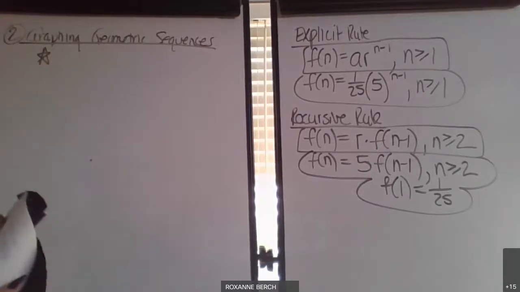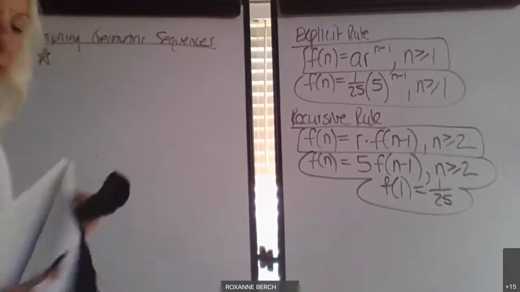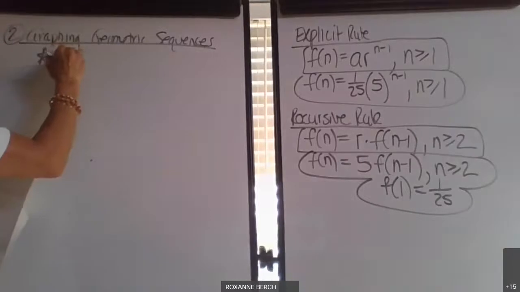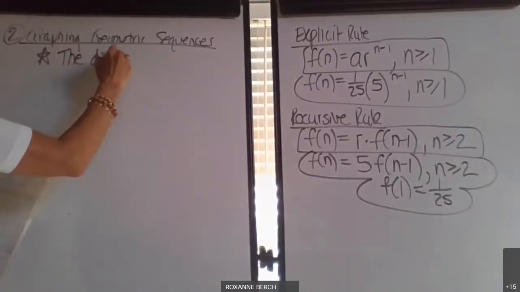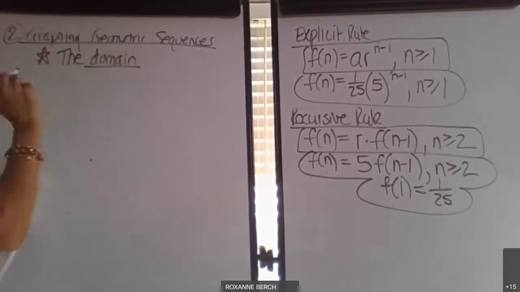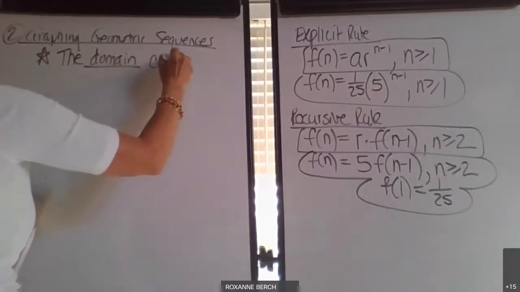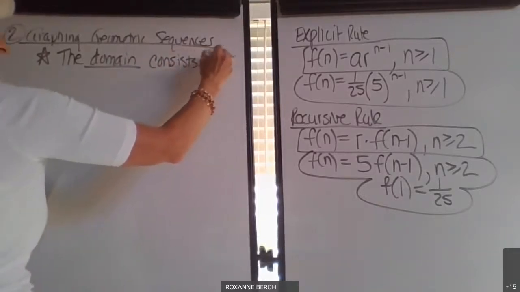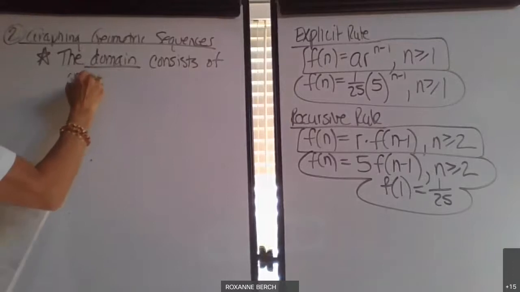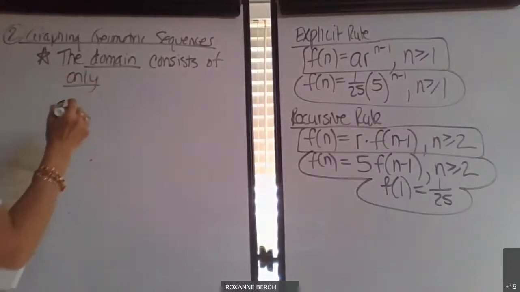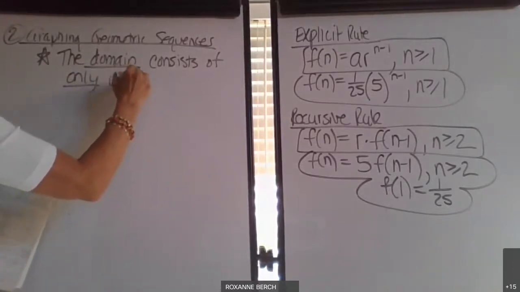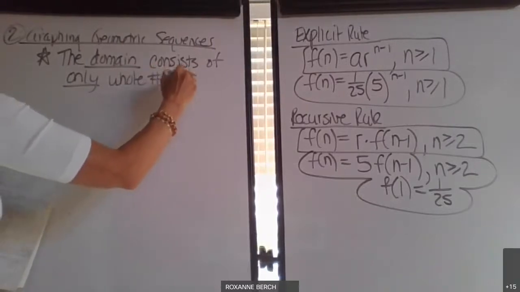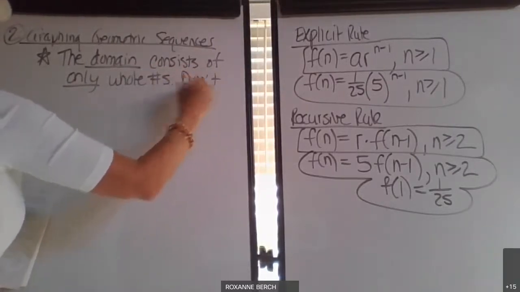And I said this last time, but this time I'm going to write it. The domain, which is the position n, the domain consists of only whole numbers. Don't connect the points.